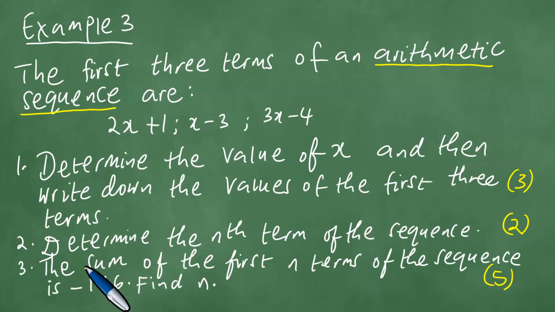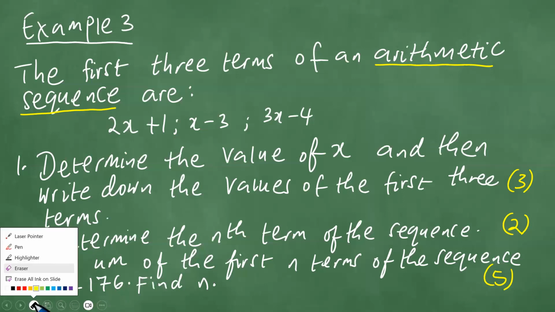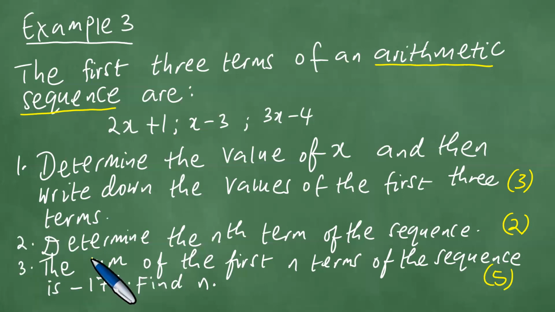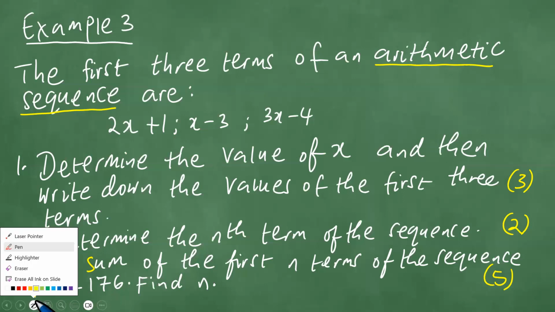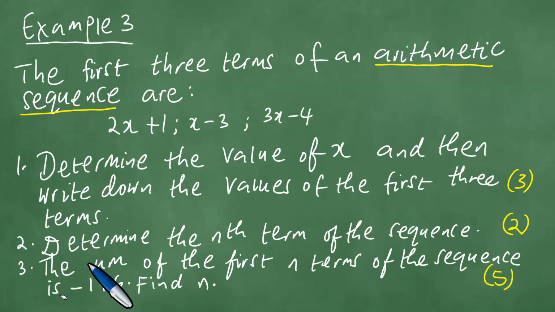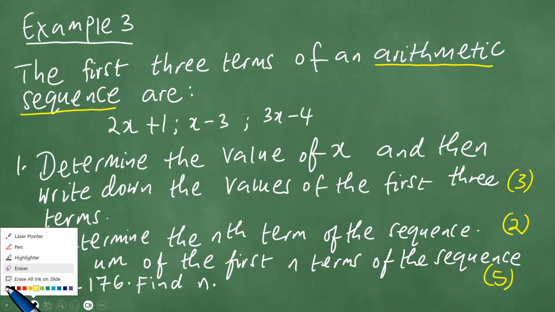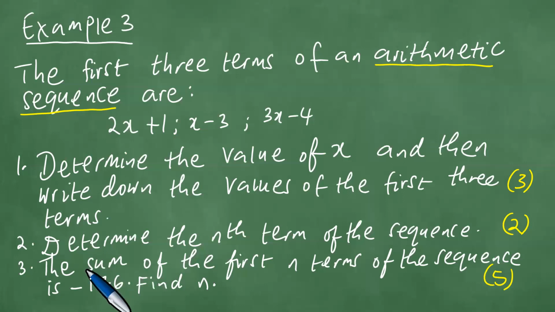Now we're looking at the next question. The sum of the first n terms of the sequence is -176. Find n.